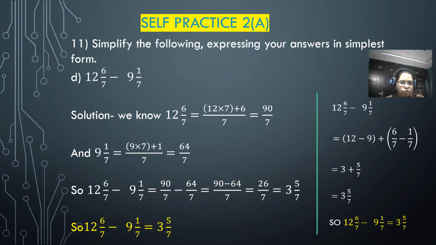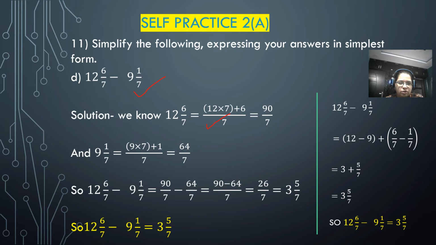Now we will solve question number 4, part D: 12 6/7 minus 9 1/7. When we express a mixed fraction as an improper fraction, multiply the denominator with the whole number and add the numerator, over the denominator.